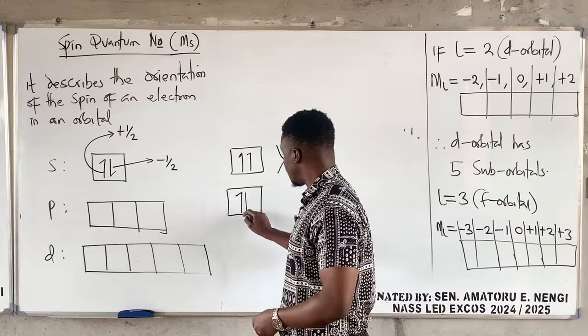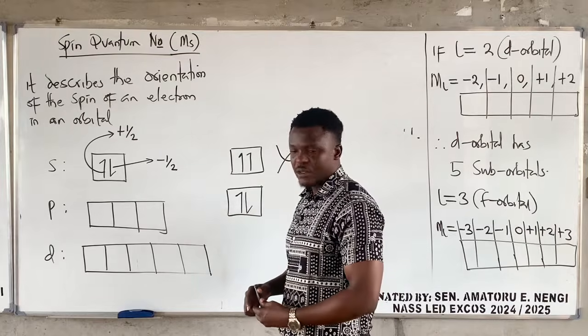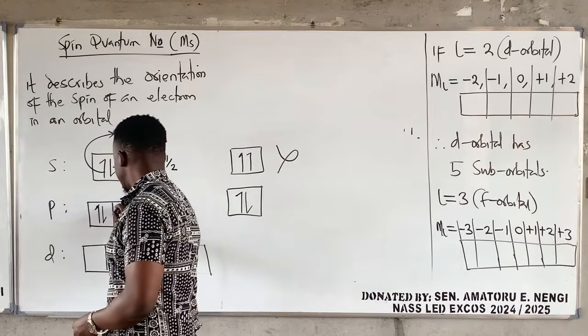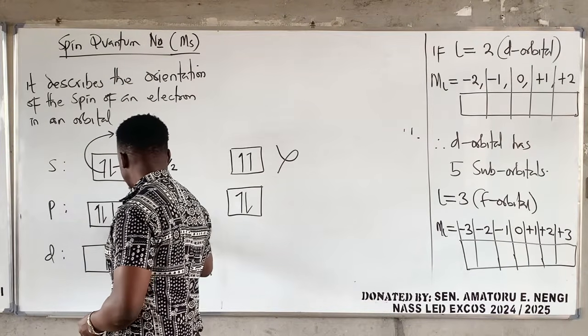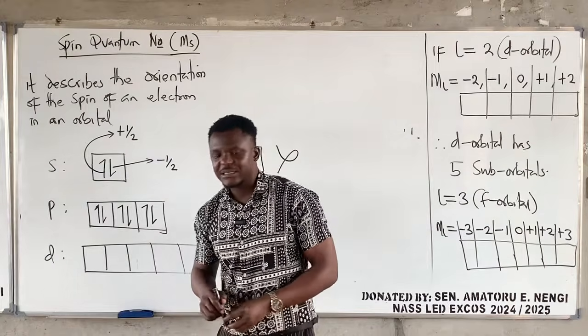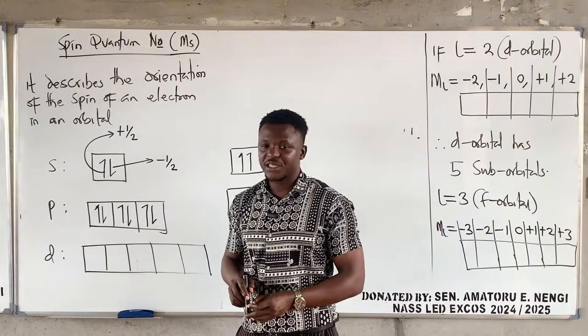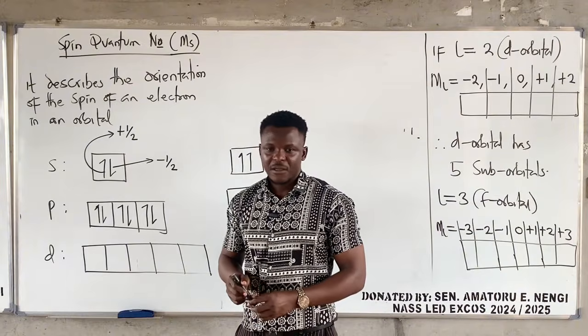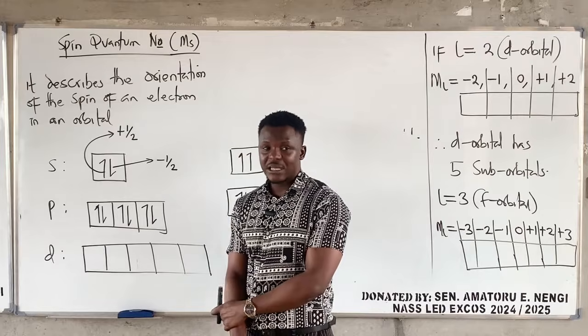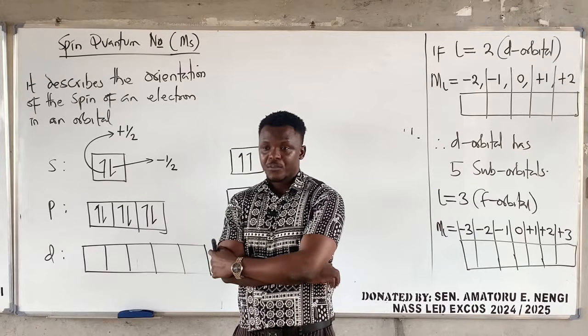The next one should be pointing down. So take note of that. So spin quantum number is a quantum number that describes the orientation of the spin. The one that is pointing up always has a value of plus half. The one that is pointing down always has a value of what? Minus half.